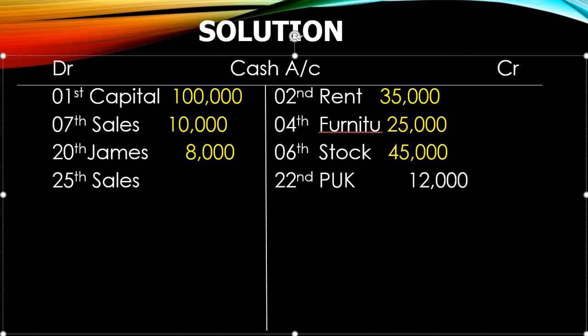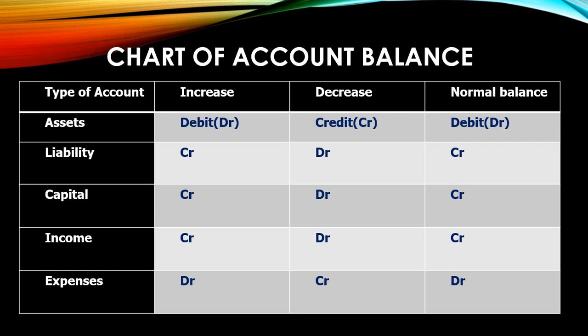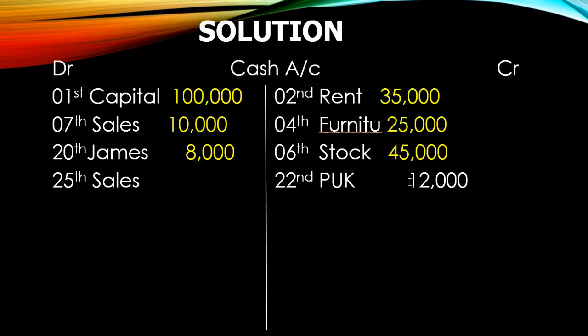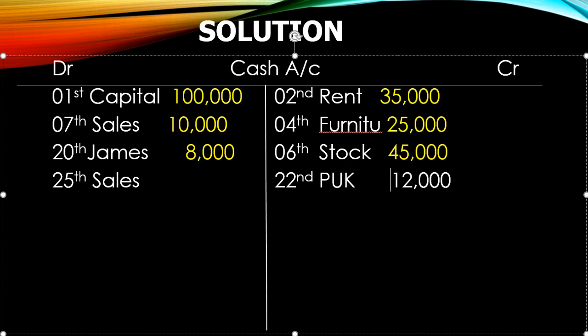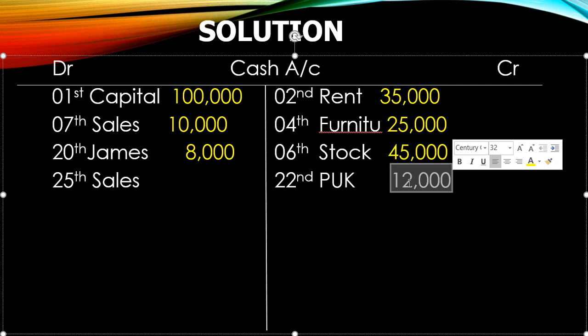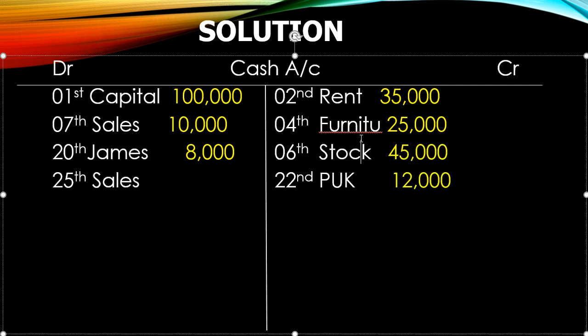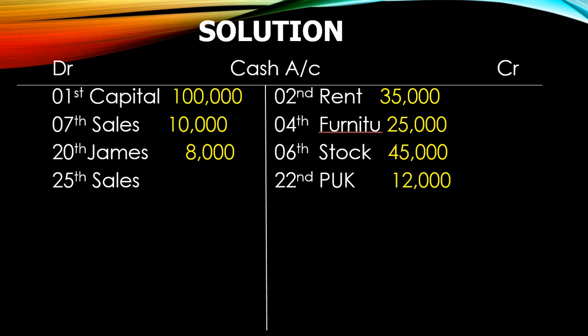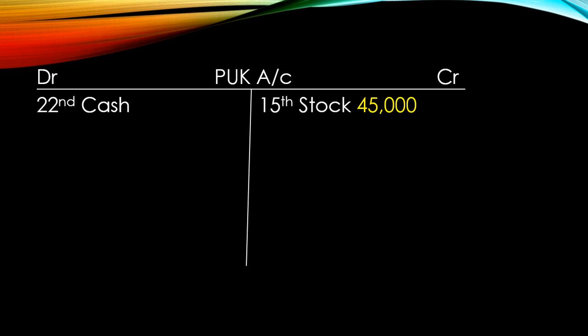PUK is here, 12,000. Then a corresponding entry, we go to PUK and debit, because if liabilities are reducing, we debit. When liabilities are reducing, they are debited.